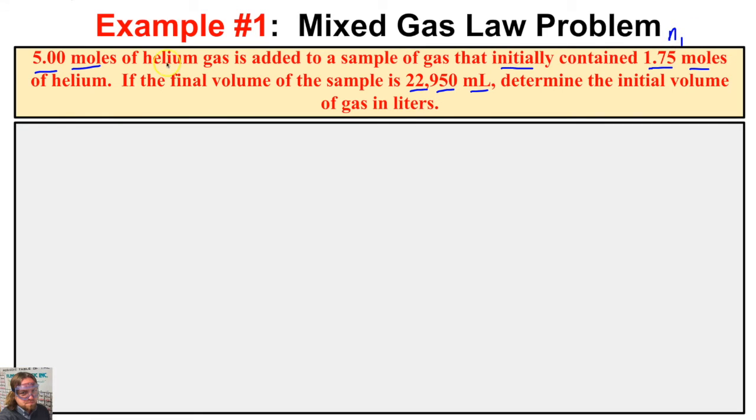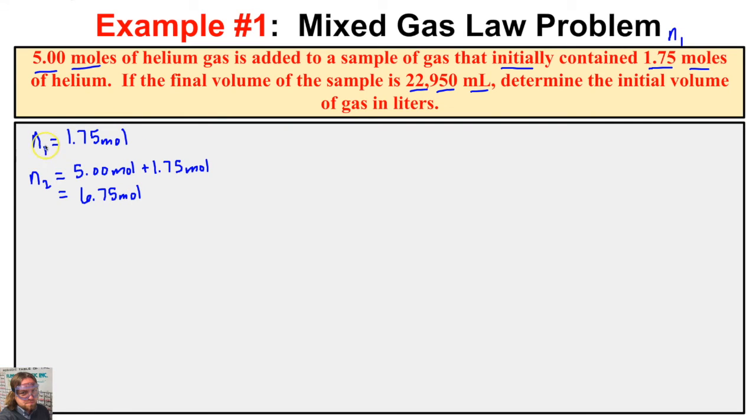So from that, we should be able to get n2. We know that n1 is going to equal 1.75 moles, and if we're adding 5 moles to this, then n2 is going to equal 5.00 moles plus 1.75 moles.